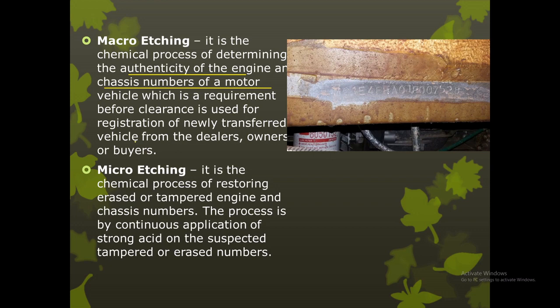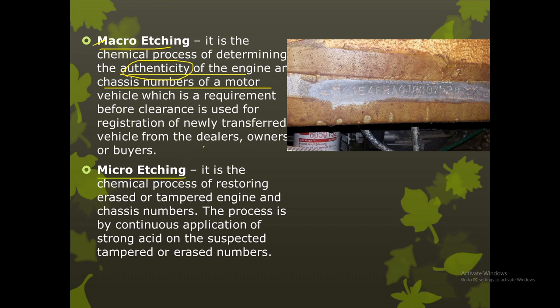So, dito natin makikita if it is tampered or kung na-erase ba, napalitan, may binago, ganyan. Ang tawag natin sa process na yon is macro-etching. Authenticity ng engine and chassis number ang dinidetermine niya.